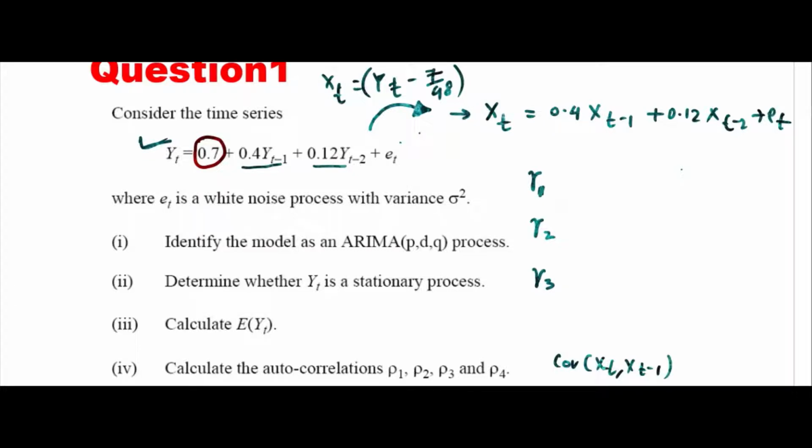If you find covariance with xt minus 1 for this term, it will be gamma naught. Remember, you need to write the coefficients given, 0.4, 0.12. Let me write everywhere 0.4, 0.12, 0.4, 0.12, 0.4, 0.12, 0.4, 0.1.